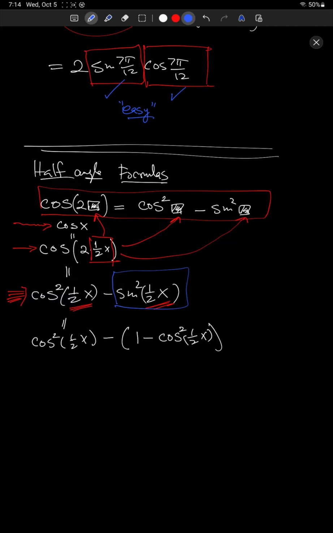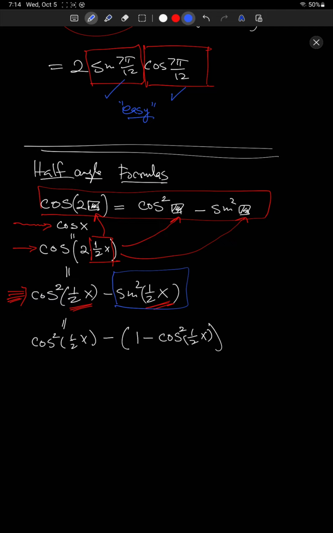The reason I did this is because I have a cosine squared 1/2 x here, and I have literally the same term there. So when I simplify, the minus sign distributes into the 1, and it distributes into the minus cosine squared, so minus and minus becomes plus.